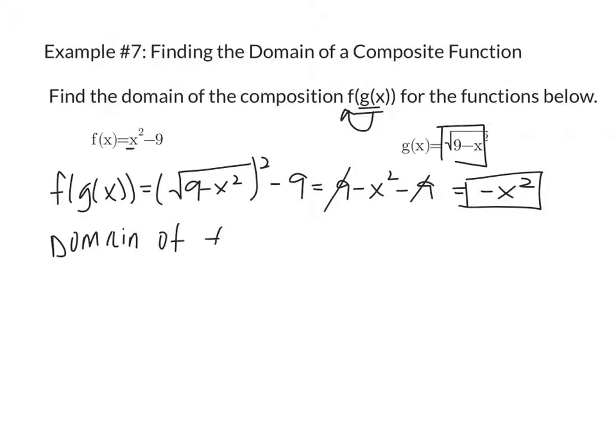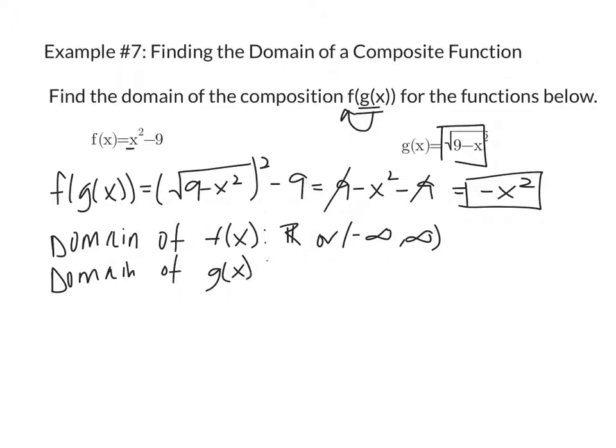First of all, the domain of f of x: it is a parabola that has been shifted down 9. So the domain there is all real numbers, or from negative infinity to positive infinity. However, the domain of g of x, if you looked at it on a graph, is kind of like a semicircle, so it'd be from negative 3 to 3.